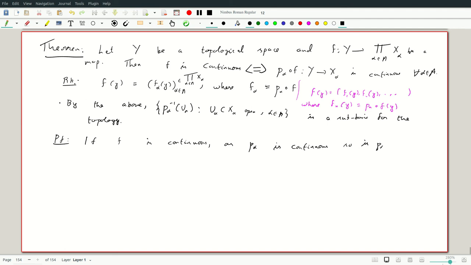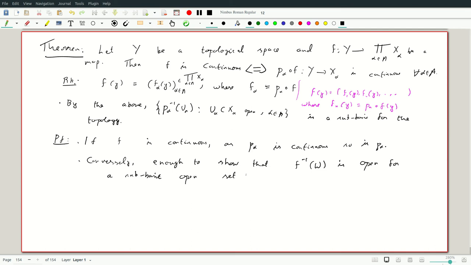Conversely, it is enough to show that F inverse of W is open for a sub-basic open set W. That is because if you have an inverse image being open for sub-basic sets, then by taking finite intersections, it's true for basic, and then by taking unions, it's true for all open sets.